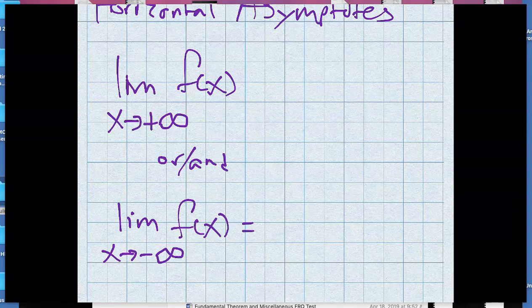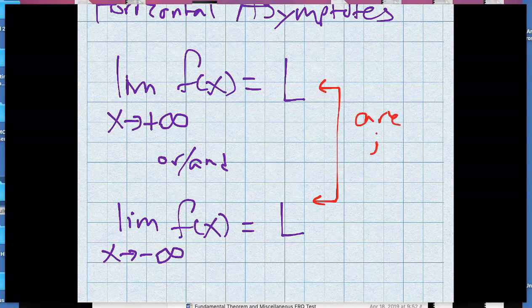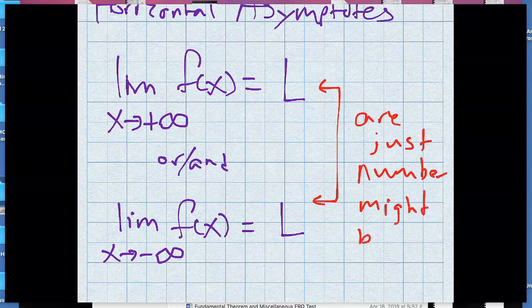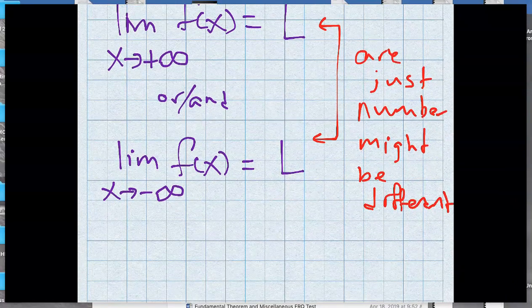So that's really what we're looking at in this case. And those are going to be finite values. These are just going to be numbers, right? So know that these two values are just numbers. They might be different.